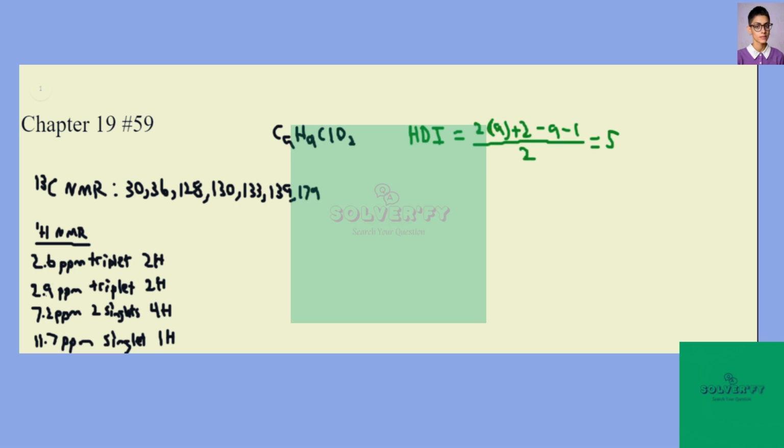So we have 2 pairs of 2 carbons that are equivalent. And the other thing that this NMR tells us is this signal at 179 is pretty far downfield, and that is generally indicative of a carbon-oxygen double bond.